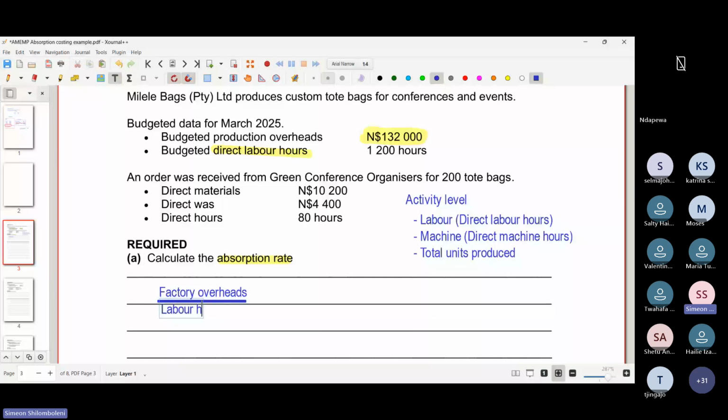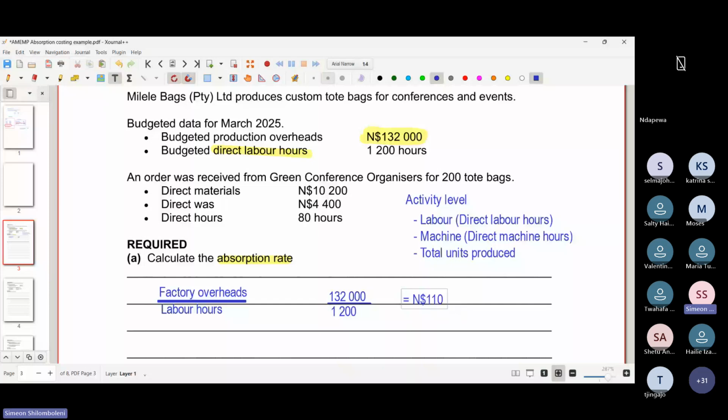So in this case, now this is where we get 132,000 divided by the labor hours, and the labor hours is 1,200. We are going to get an absorption rate of, can someone give me the answer? 110. 110 per hour.